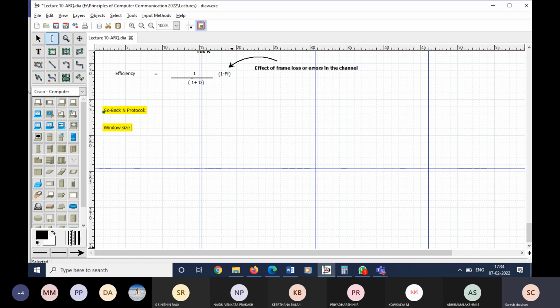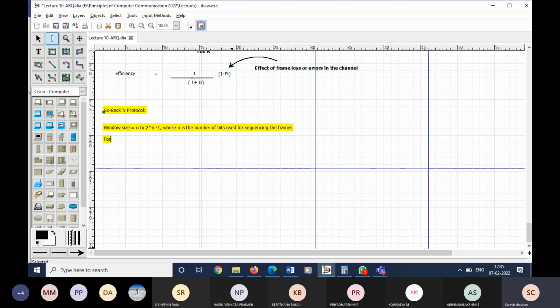So the window size is equal to 2 raised to n minus 1, where n is the number of bits used for sequencing the frames, right?